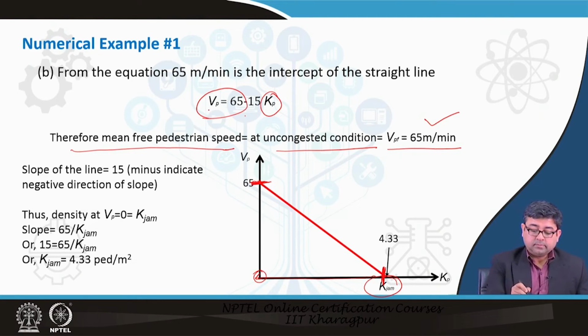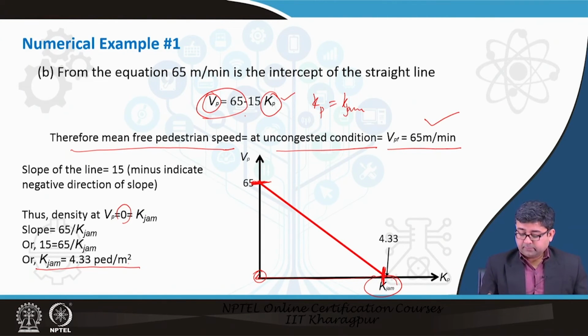So, if you put the value of 0 for Vp, Kp becomes equal to k jam, and you know that k jam is 4.33 pedestrians per meter square. So, now you know your mean free flow speed and your jam density, so you can draw this curve.